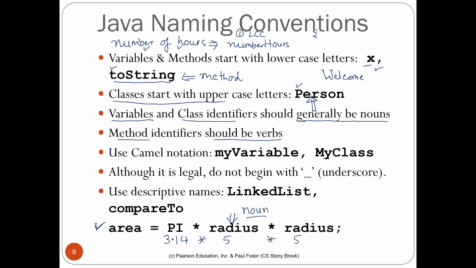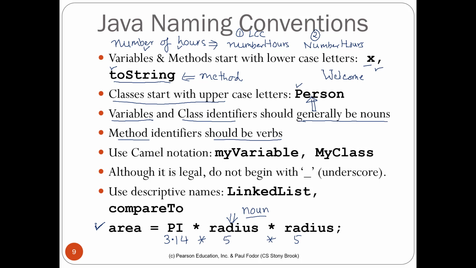Similarly, you have an upper camel case. In upper camel case, you start with even N as capital. You will say Number, Hours, with no gap here. That is camel case, because it resembles the structure of the hump on the back of a camel.